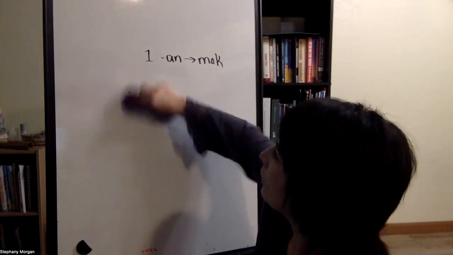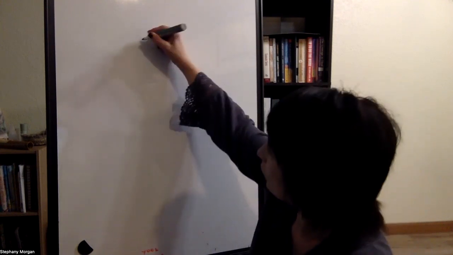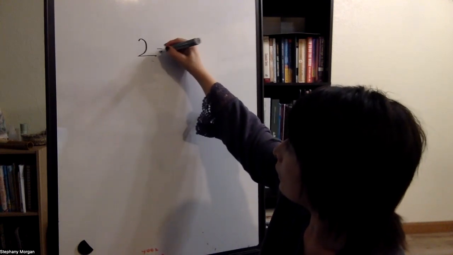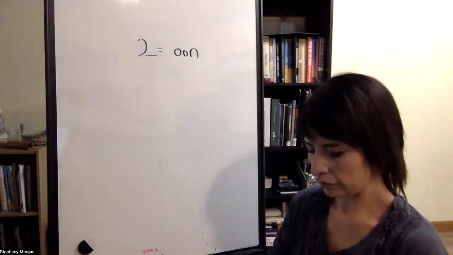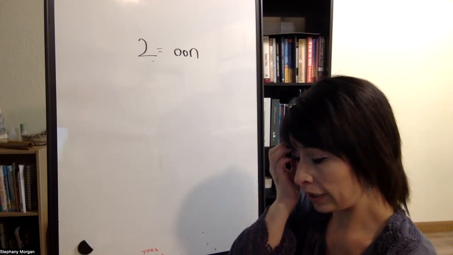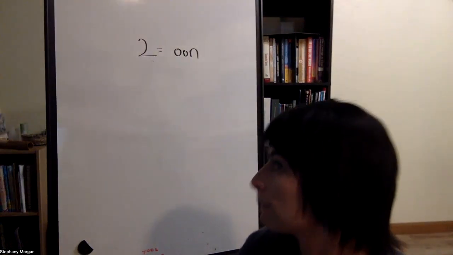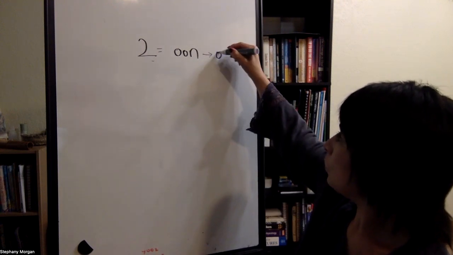Let's try VTI 2s. If it is a VTI 2, it ends in un. When we want to pluralize this command, you replace the N with the G, and it becomes ug.